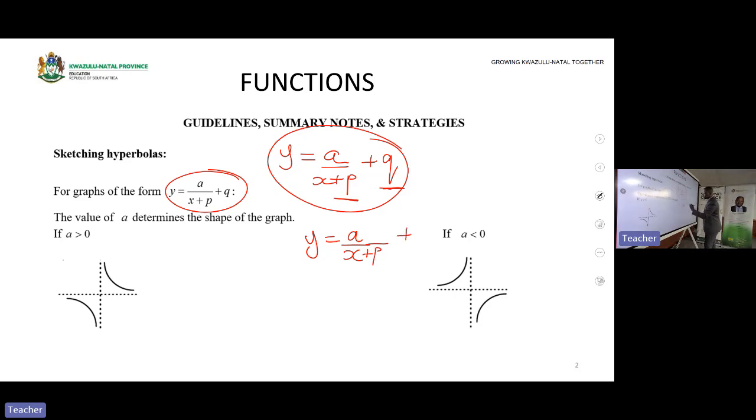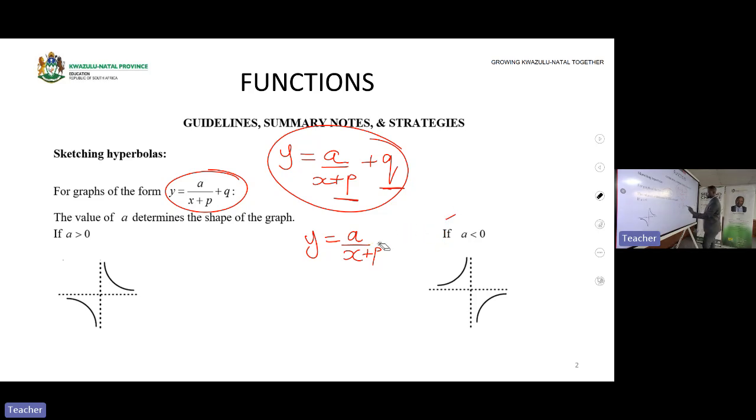And then we also said q affects our graph in terms of the vertical shift. If you shift your graph vertically up or down, then q will affect the graph. So if q is positive, the graph will shift upwards. If q is negative, the graph will shift downwards.